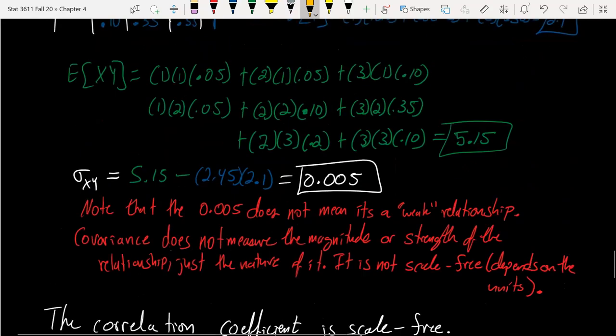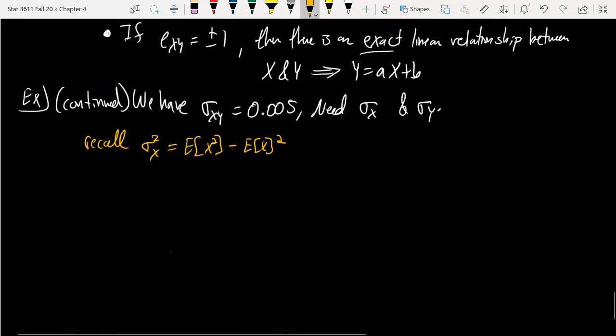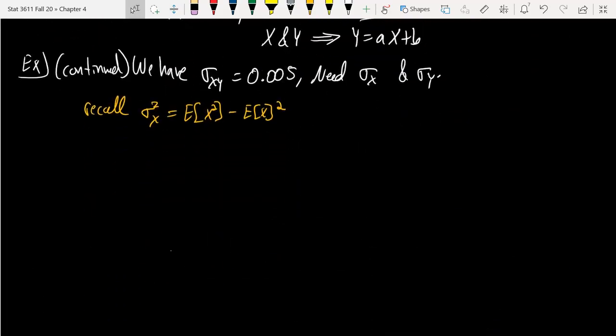So we know the expected value of x is 2.45. What we need then is the expected value of x squared.